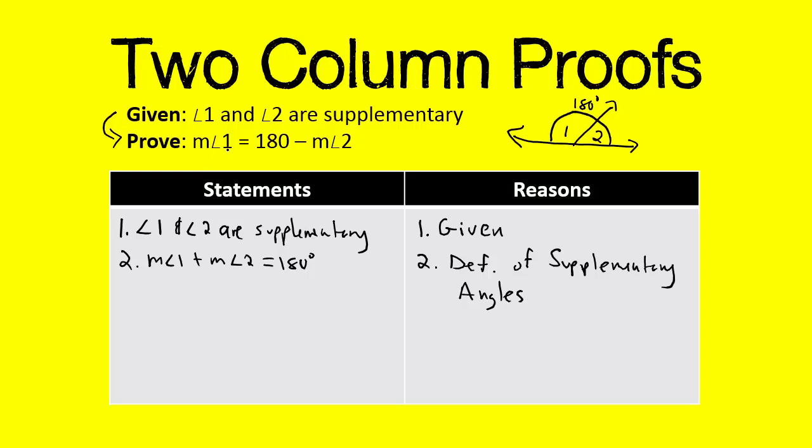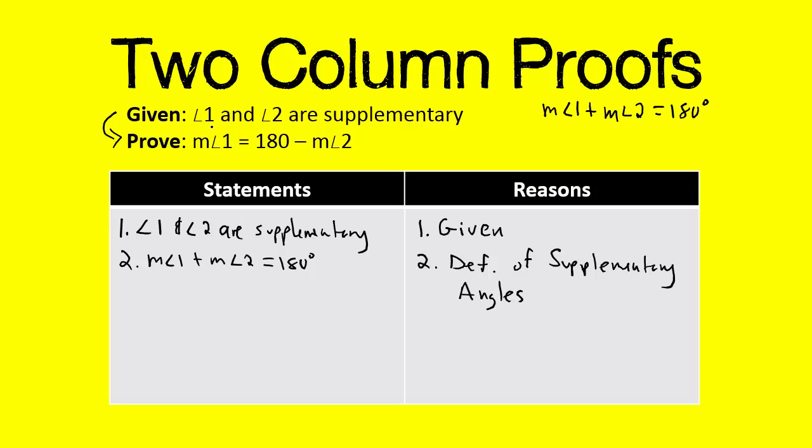And we're trying to get to this part here, so I want to get to this statement here. So next, what I'm going to do is look at the equation that I wrote down here in step 2, and I'm going to write it over here on the side. So I'm going to do my work on the side. So the measure of angle 1 plus the measure of angle 2 is equal to 180 degrees.